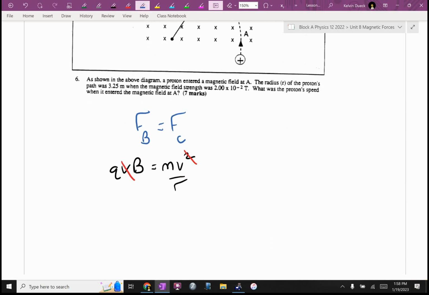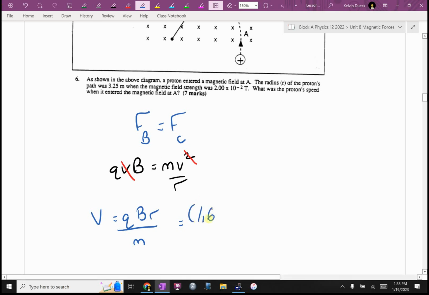So the speed is going to be QBR divided by M. Q, it's a proton, 1.6 times 10 to the negative 19. B is in Teslas, 2 times 10 to the negative 2.